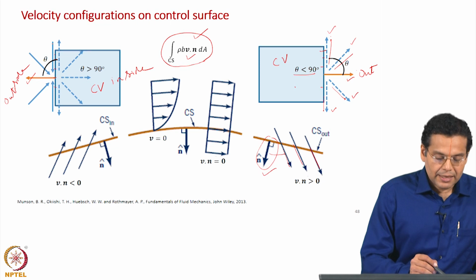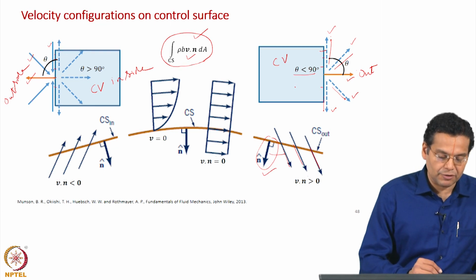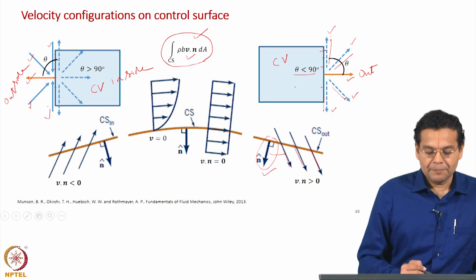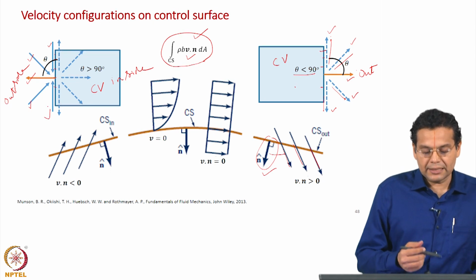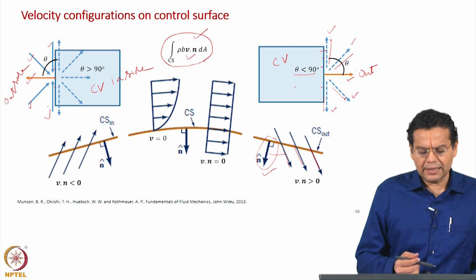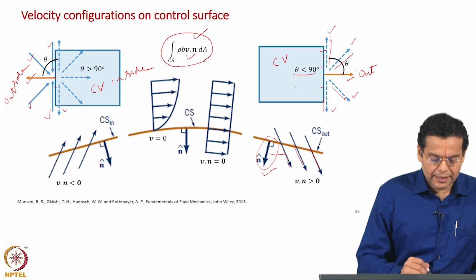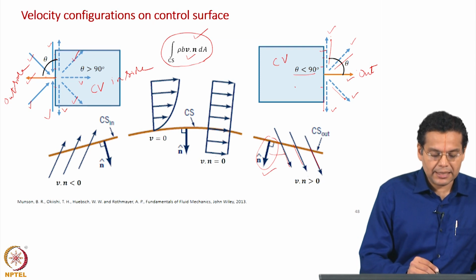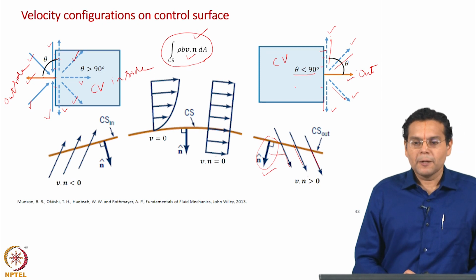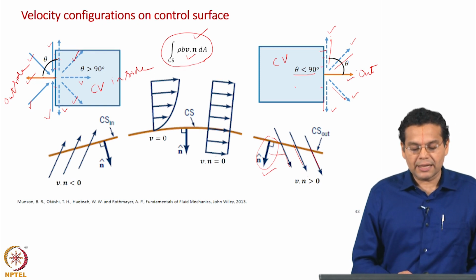Here again I have shown different possibilities of direction of inflow velocity vectors, and to find out the angle, I have extended them here. The velocity vectors have been extended in this direction, and the angle between the normal and these extended velocity vectors is shown.